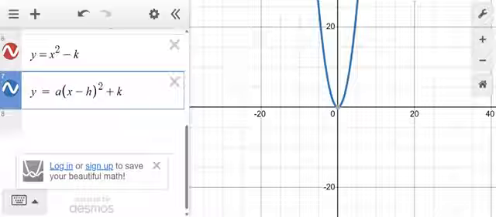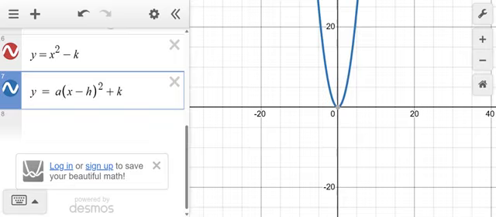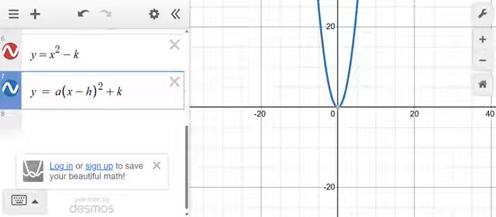Oh, I forgot to do that. That's fine. Let's move to part 3, where we're discovering the value of H. Notice again, in this equation, it says x minus H. So if I have y equals x minus H, Maya, give me a random H value. 2. Okay, everyone take a guess.